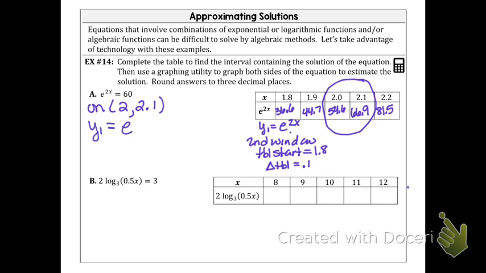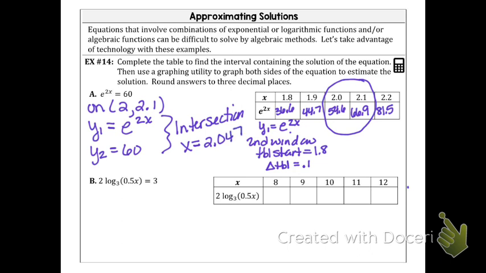So I'm going to say e to the 2x for my y1, which we already had, and in y2, I'm going to put 60, and I'm going to go find their intersection. So you're going to have to mess with your window of your calculator a little bit there to be able to see it. And so when I find the intersection, I find that it's at 2.047 because it said to round the answer to 3 decimal places, which is between 2 and 2.1.